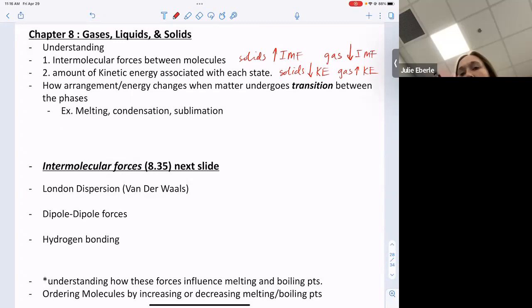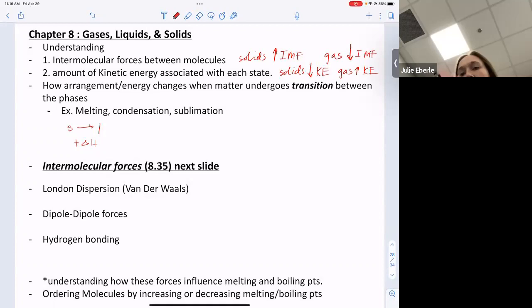We could label every single one of those with a positive or negative delta H. So for example, melting. Melting implies that you're going from a solid to a liquid, right? Is heat being absorbed or released? Is this a positive delta H or a negative delta H? It's being absorbed, so we say positive delta H.